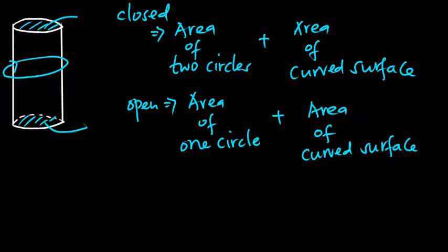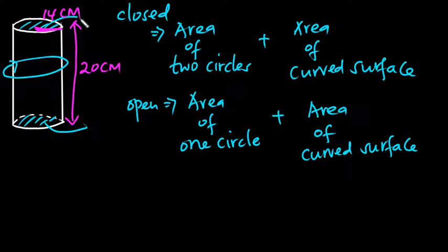So let's take the height of our cylinder as 20 centimeters, and the radius as 14 centimeters. Let's assume that the cylinder is closed, so both the circular parts are present.